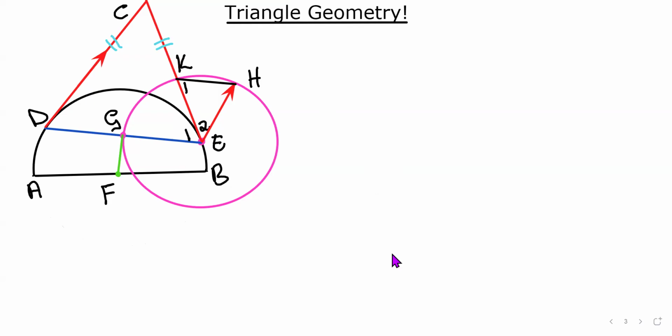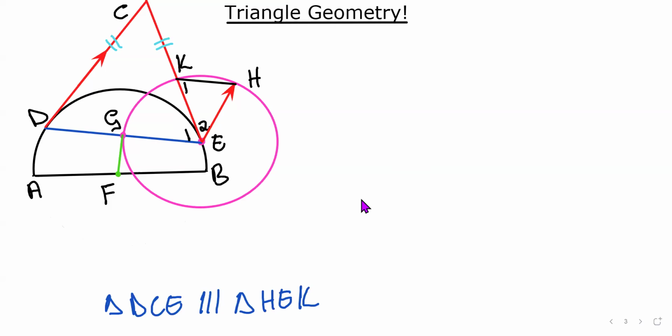Then there comes the next question. What is the next question? It says, please prove for 6 marks that triangle DCE is similar to triangle HEK. Well, this is what they say. All right.